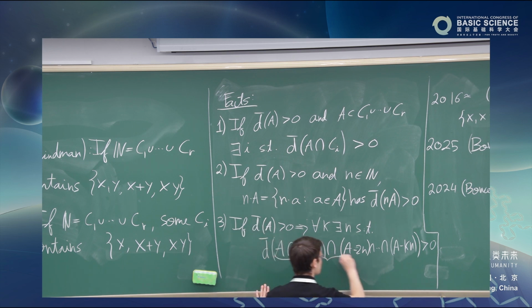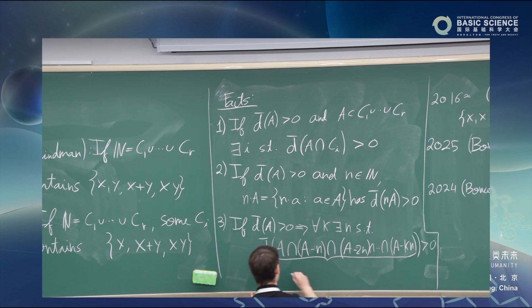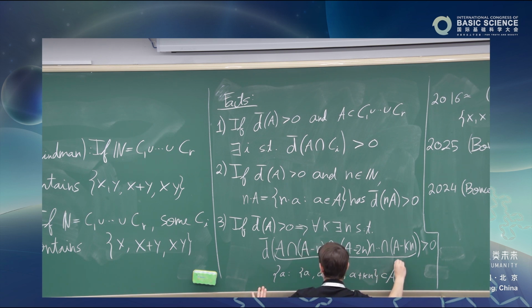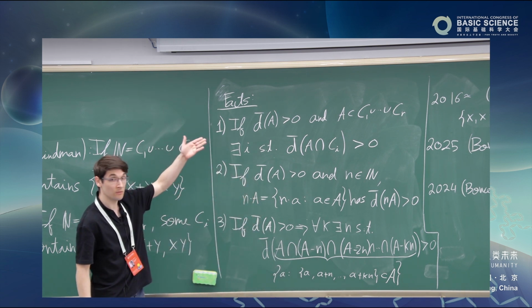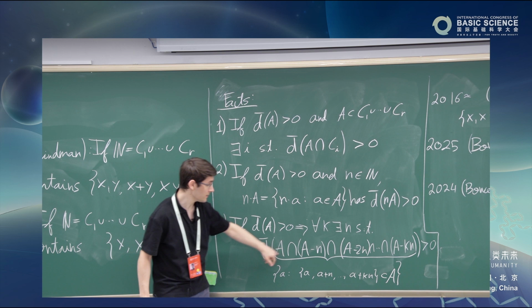You can look at the screens if you cannot see the front of the board. So this set here is just the set of a's for which the arithmetic progression a, a plus n, up to a plus kn is inside of my set A. Szemerédi's theorem, as I formulated it earlier, tells me that this set is non-empty.